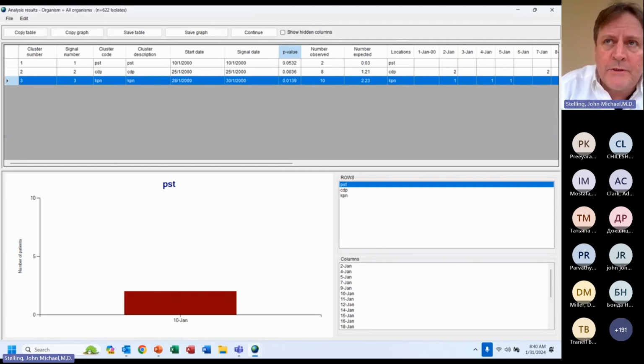For example, with the recurrence interval, if the recurrence interval is 5,000 days, that's very statistically significant. On the other hand, if the recurrence interval is 9 months, that means this might happen by random chance every 9 months. And that might be a true outbreak or it might be random variation. So if I see the recurrence interval, I can make my own assessment as to whether I want to investigate or not. If the recurrence interval is 5,000, yes, I want to investigate.